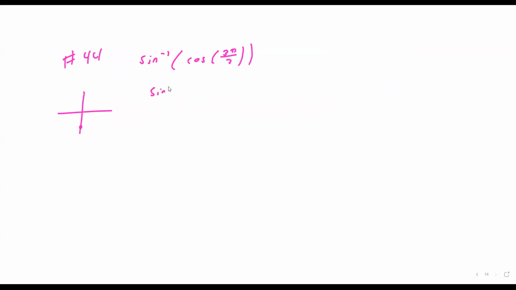So this is sine inverse of 0. So then the question is, where does sine equal 0? Well, sine equals 0 here and here, but sine inverse falls between here and here. So therefore, this one's my answer, and that happens to be 0 in itself. So we didn't even need a calculator. I'm going to square it so it doesn't look like a donut. But 0 would be the answer.